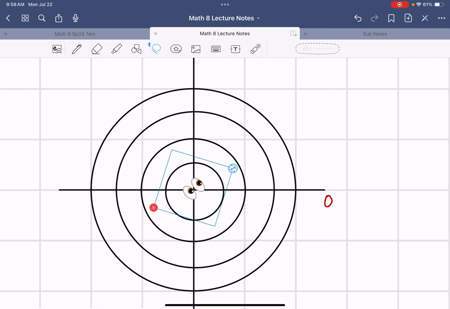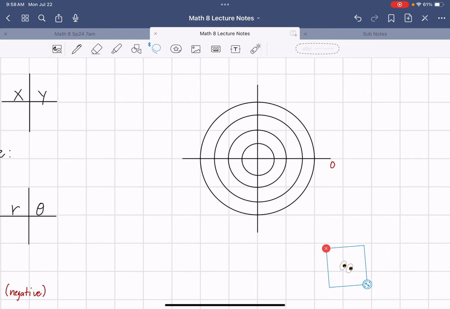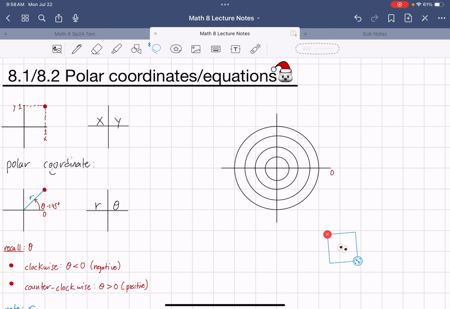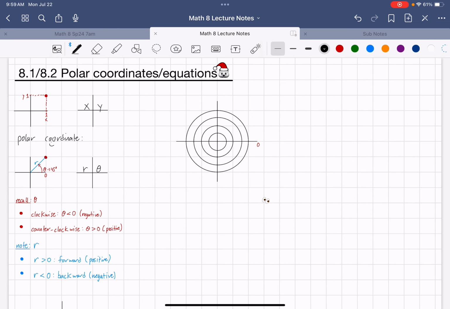That's where it can get a little confusing, because I could be facing where the negative y values are on the y-axis, but that would be my positive direction for r. So again, you always face in the positive direction. Behind you is the negative direction. So we're going to move Googly Eyes out of the way, and we're going to do some of these examples. And hopefully that made some sense.